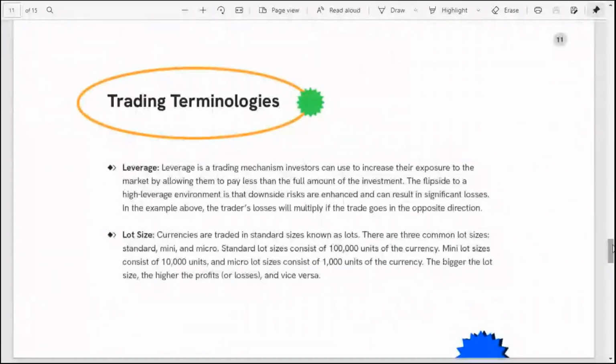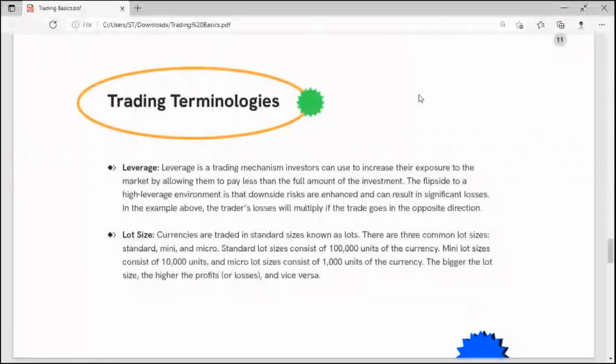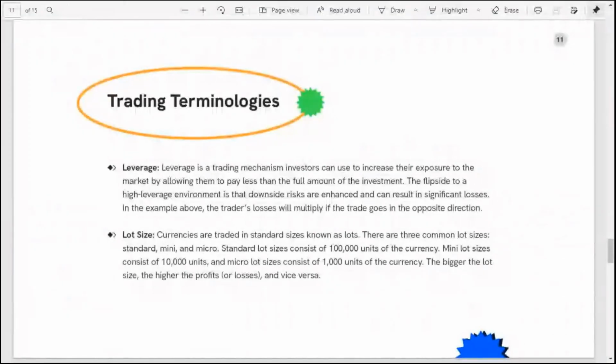If you are given a leverage of 1 to 200, don't use all the 200 at once, because you want to protect yourself from losses. Remember, more profits than losses. So leverage is just borrowed money. You don't want to borrow more than you can pay back. That's just how it is.